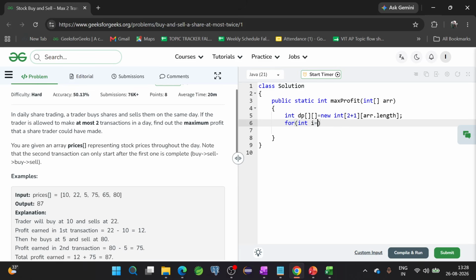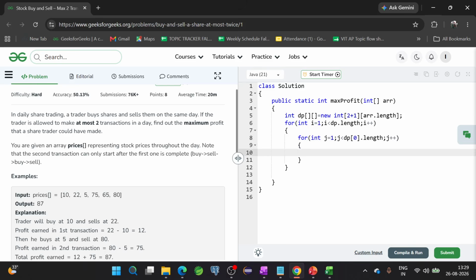For int i equal to 1, i is less than dp dot length, i plus plus, and for int j equal to 1, j is less than dp of 0 dot length, j plus plus, increment the value. Every time we have to find the max, that's why I'm creating max equal to Integer dot MIN_VALUE.